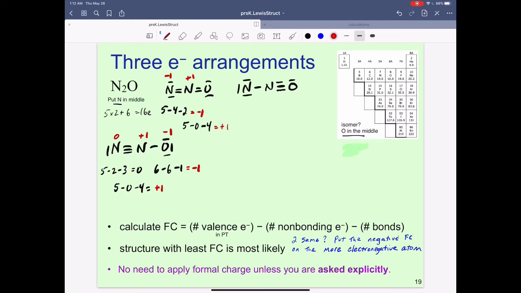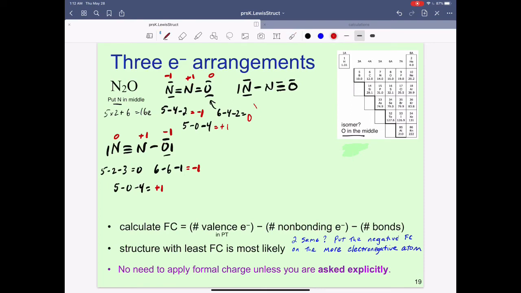And the oxygen on the end, 6 minus 4 minus 2 equal 0. And so we have formal charge here as well. Formal charge will always add up to 0. The compound is neutral, so even though this is just a predicting tool, the formal charge, a check that you can do is to be sure that any formal charge that does end up on a molecule will add up to 0.